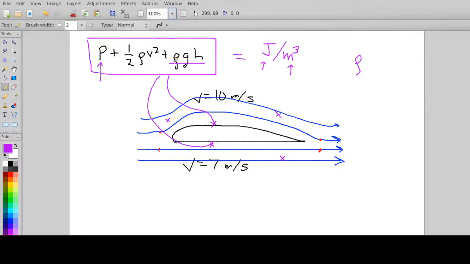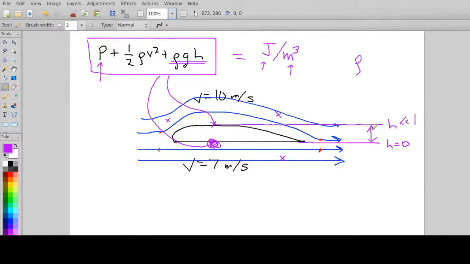What about the rho GH term? Well, if you chose H equals 0 at the bottom of the wing, for this point right there, then the H for the other one would be up here. So this is H equals 0 and this would be H. But I said that number is very small, very much less than 1, so that height is negligible.